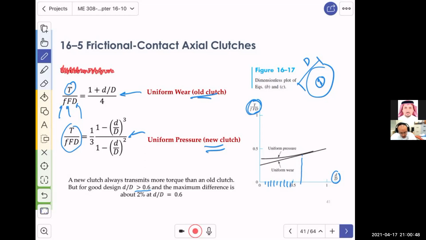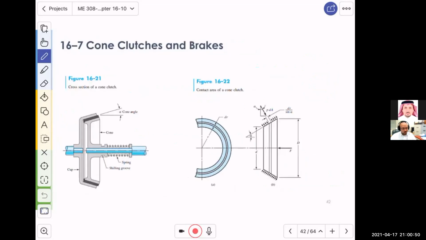Now, I told you that we are going to also cover the cone clutch and brake. This cone geometry mechanism can be used for clutching and can also be used for braking, so you can use it for either case.